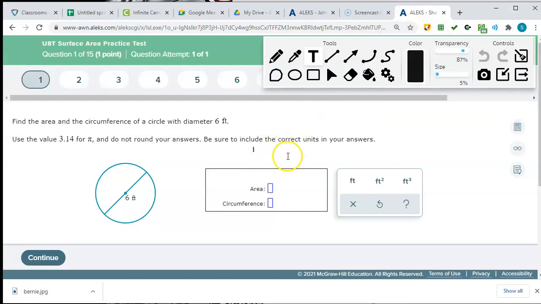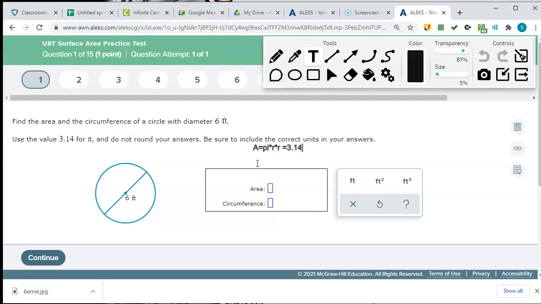So we go ahead and find our area. Our area formula is pi times the radius squared, or pi r squared. In our case, our pi is going to be 3.14 because it says use 3.14 for pi. Sometimes we're going to leave it as a pi.